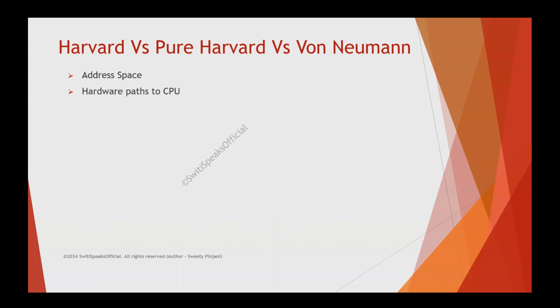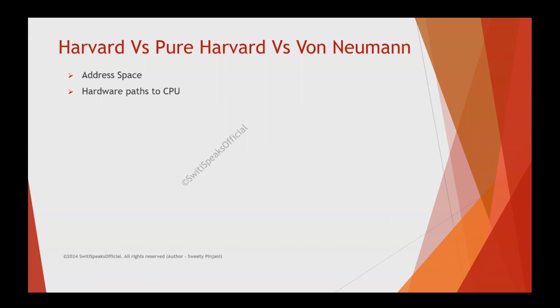We had separate buses, right? In case of pure Harvard architecture. Now, in case of modified Harvard architecture, in which instruction and data memory share an address space, it can be treated as von Neumann until the cache coherency becomes an issue, as with self-modifying code and program loading.